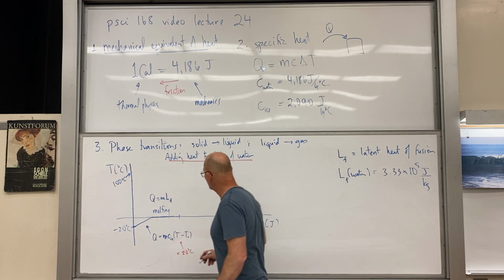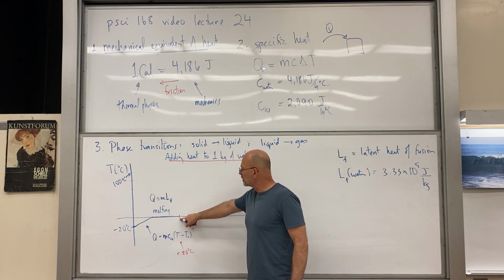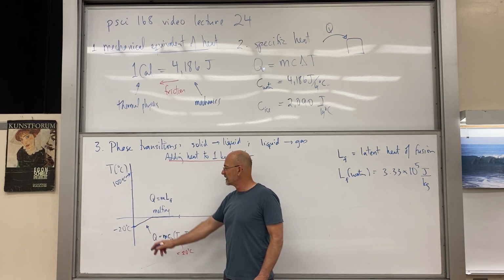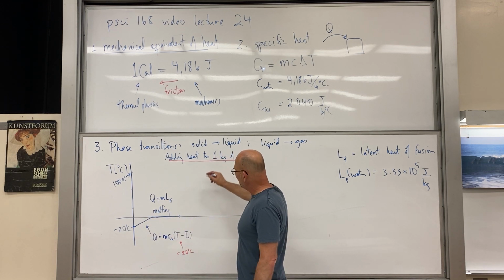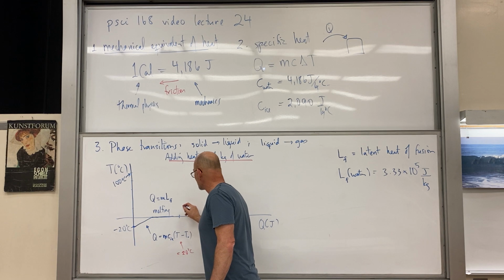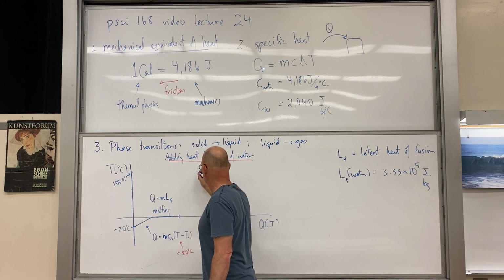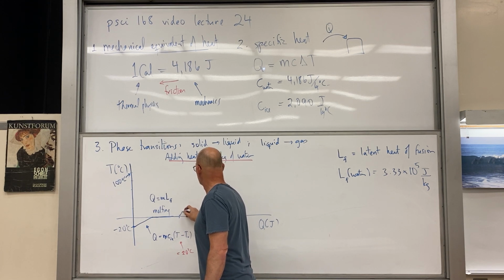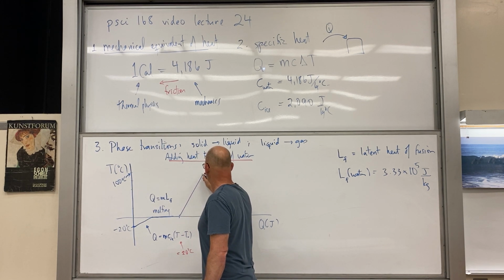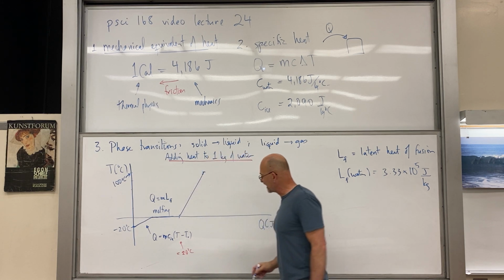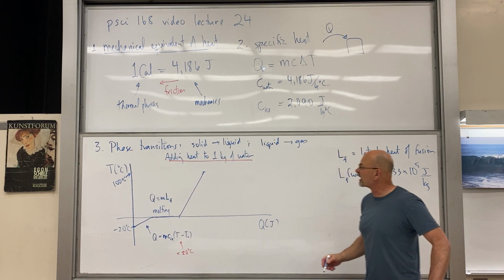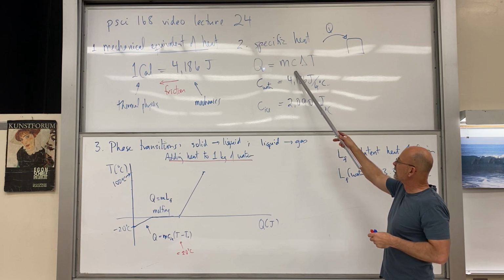There's a certain Q. And now when it's all 0 degree water, we can turn up the heat and raise the temperature of it. It's going to be a steeper slope. This is the energy it takes. And now we're actually doing this formula right here with water.